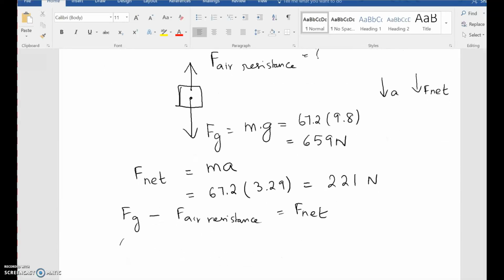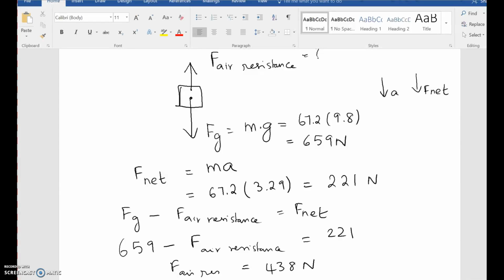Since we know gravity is 659 minus F, air resistance, is 221. So we can solve for the air resistance force as simply 659 minus 221, which is 438 newtons.